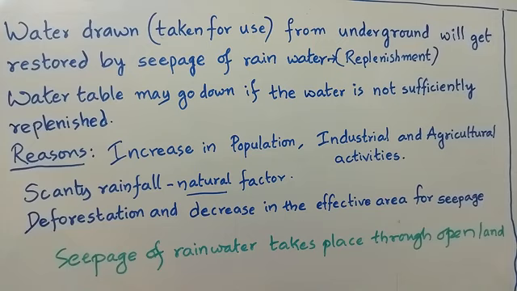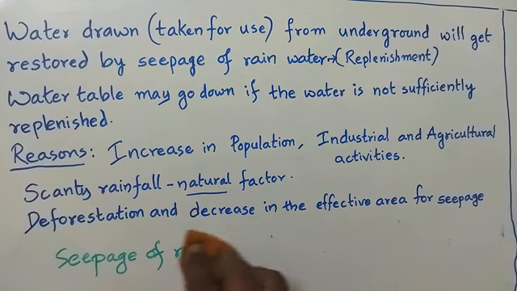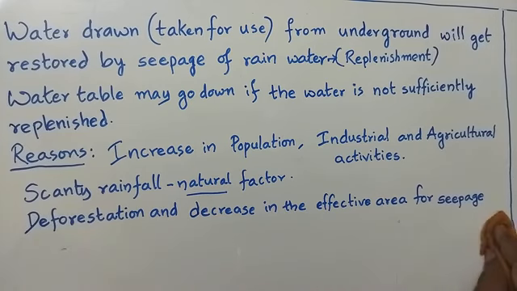When the consuming rate is more and the replenishment rate is less, the water table gets depleted. Consuming rate is more and seepage is less. This causes depletion of the water table.